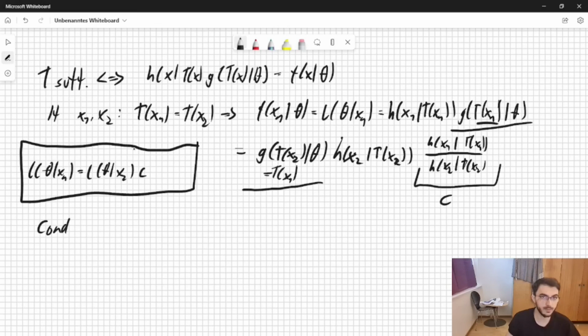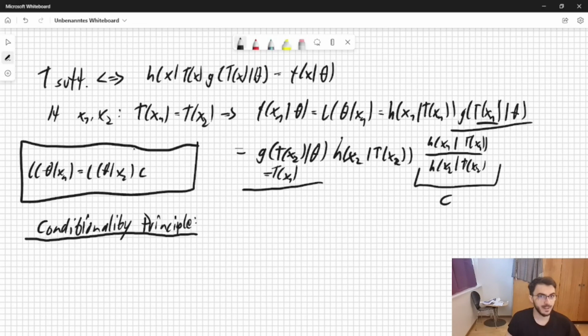So the other principle is the conditionality principle. The conditionality principle is very, very simple, but it can have strange consequences.